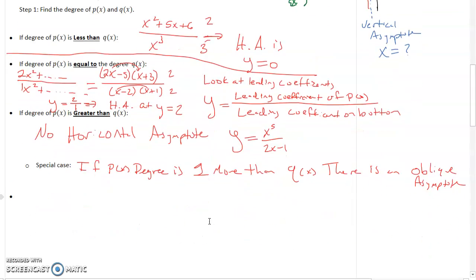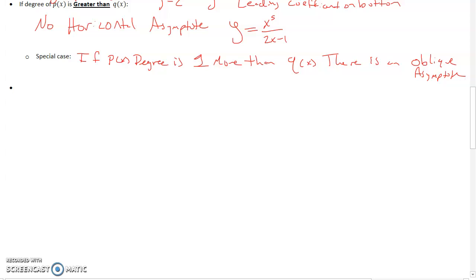And let's take a look at what that looks like. So if I have, I'm just going to pick a very easy one, x squared minus 5x plus 6 over 2x plus 1. How we find an oblique asymptote is we do long division.